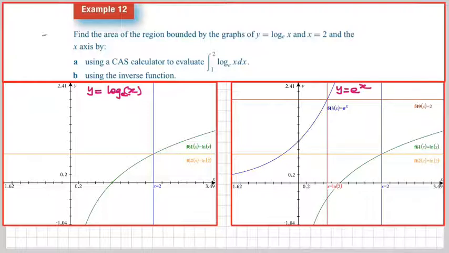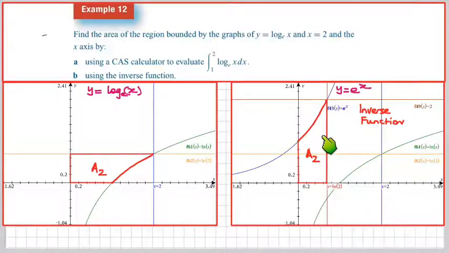Yes, flying high with all this information. So this is the inverse function. Now, that's area A2, and this area here is exactly the same as area A2, except that it's orientated this way, so that the rectangles would be vertical rectangles here, as in the way that we're normally used to integrating.